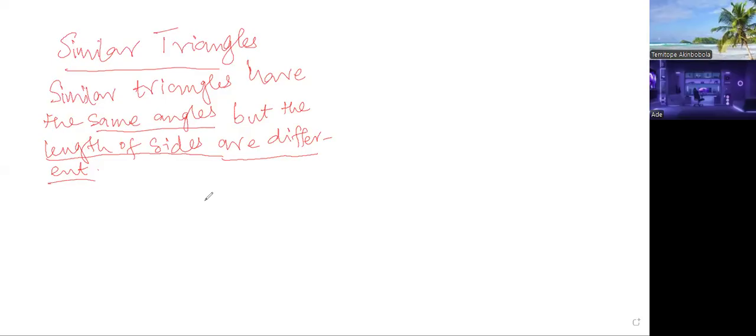And that is why I said in the opening preamble that such will happen when you have an enlargement or a compression carried out. So it's different from congruency. In terms of congruency, you can look at translation, reflection, or rotation.